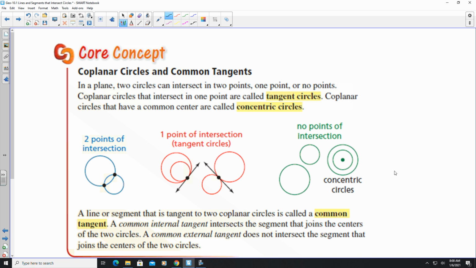Or you can have two circles not intersect at all. Either both circles are away from each other, or one is inside the other. If they share a common center point, it's called a concentric circle.